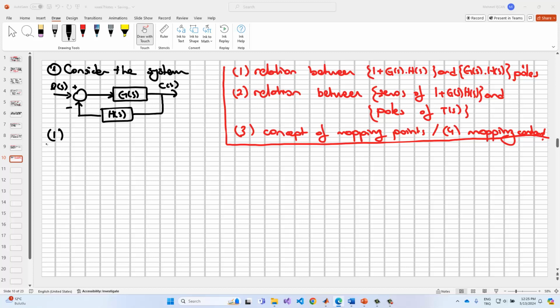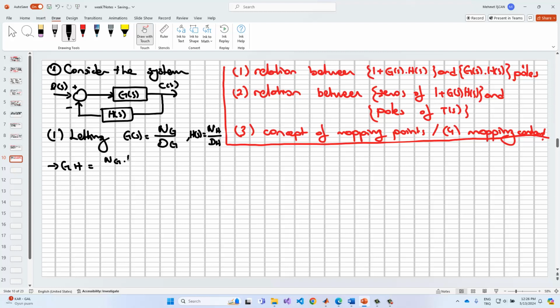Letting G(s) equal N_G over D_G, and H(s) can be considered as N_H over D_H, then we can say that G times H is equal to N_G times N_H divided by D_G times D_H. And the other condition is the closed loop characteristic equation.